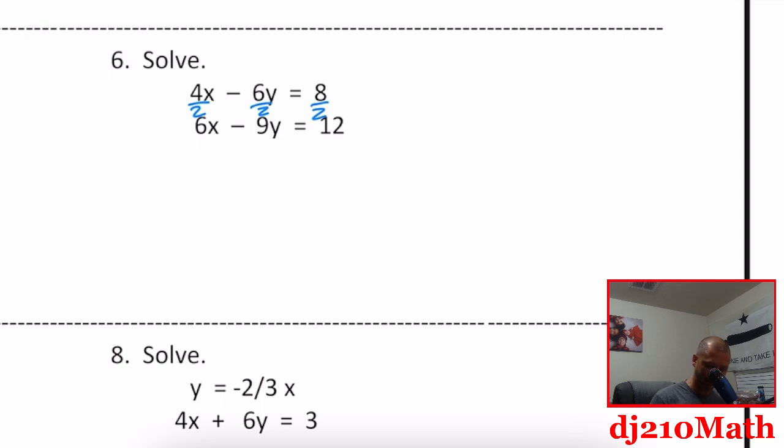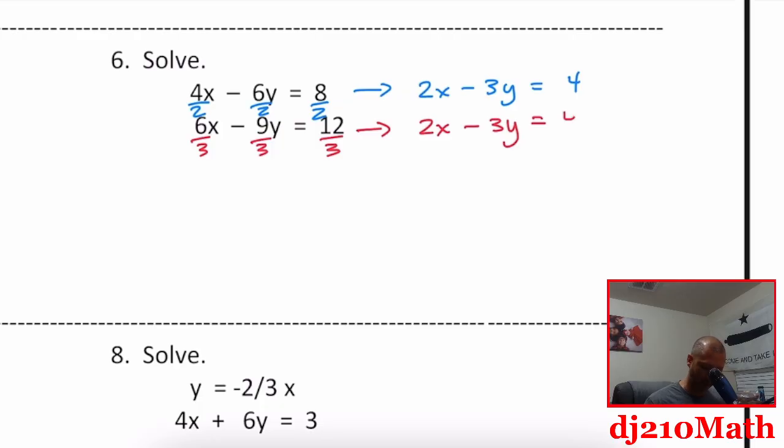And this would be 2x minus 3y is equal to 4. Not only that, but the bottom equation is divisible by 3, which means 2x minus 3y is equal to 4.